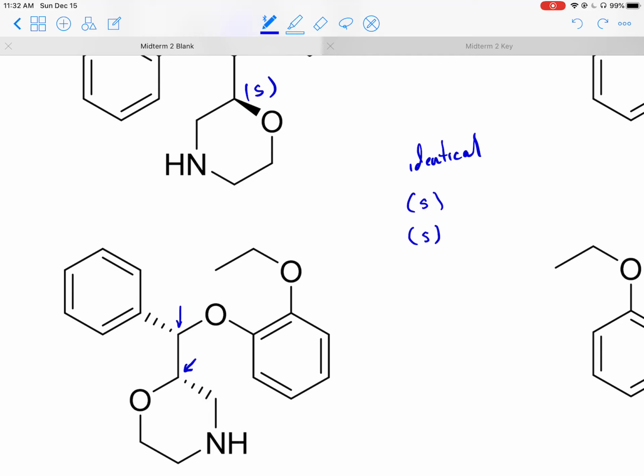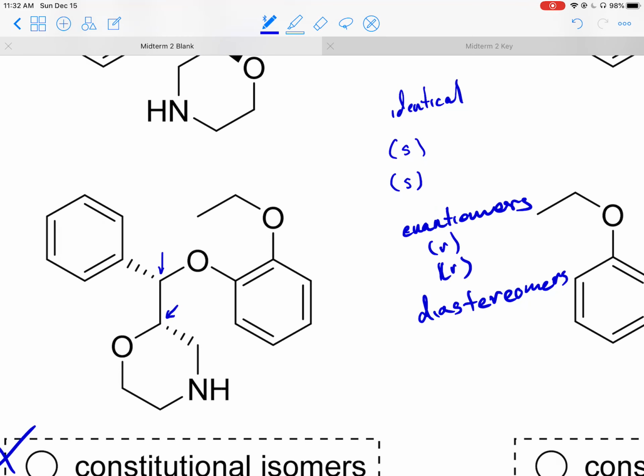Enantiomers would both be R and R. And then diastereomers would be kind of between enantiomers and identical. They're not exactly a mirror image, but they're also stereoisomers. And so it would be like 1 is R and 1 is S in either order.